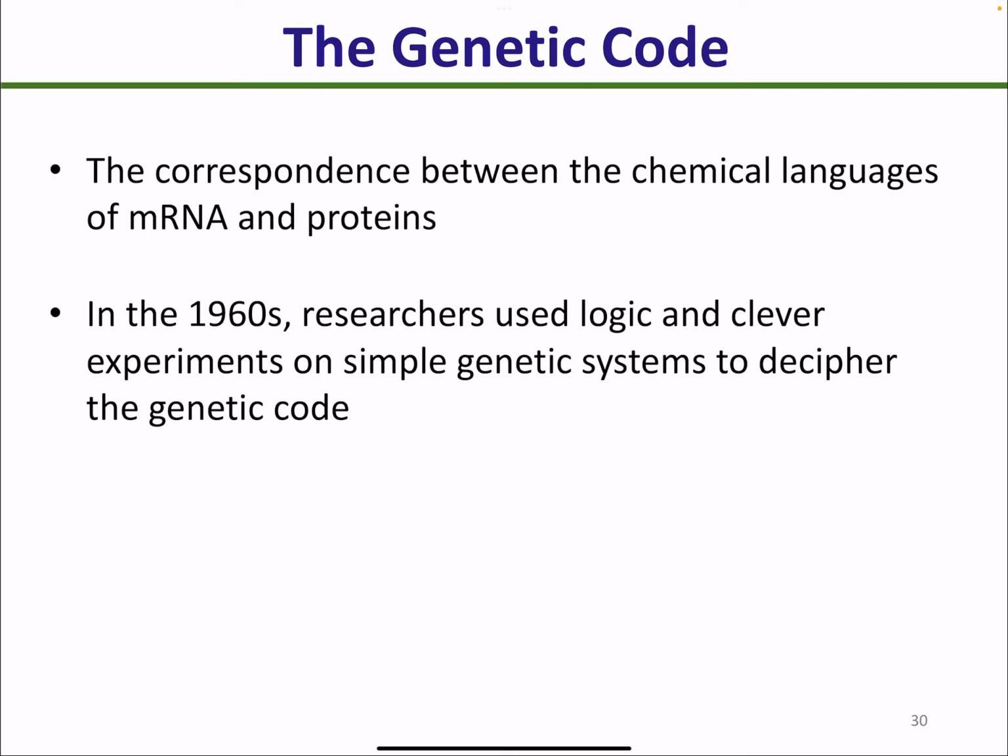And what we notice is that whether a cell is a bacterial cell, a protist, a eukaryotic cell, a skin cell, a liver cell, cells of a human, cells of a tree like an oak tree, cells of a dog, they all read the genetic code in the very same manner.